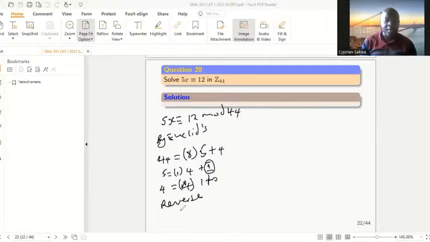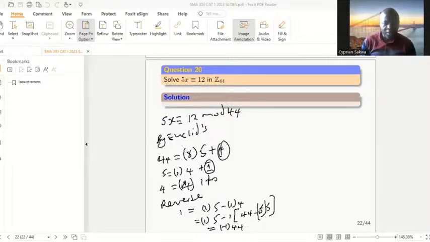So we now reverse. 1 is the GCD, and it's the same as 5 minus 1 times 4. But instead of 4, we are writing 44 minus 8 times 5. And so what is this? Negative 1 times 44.